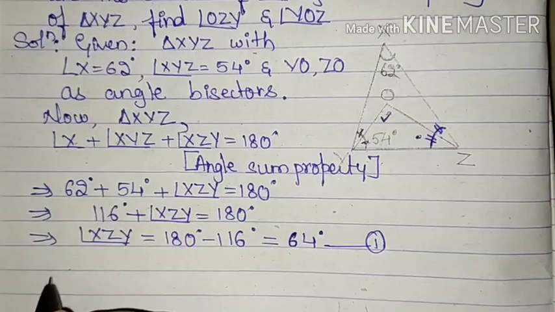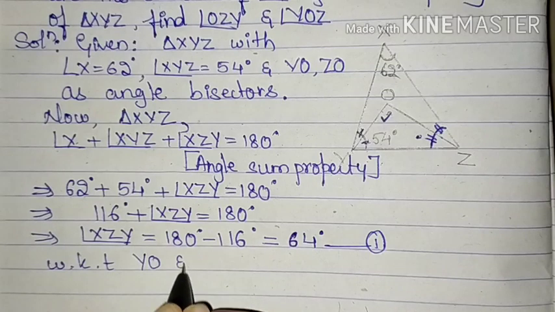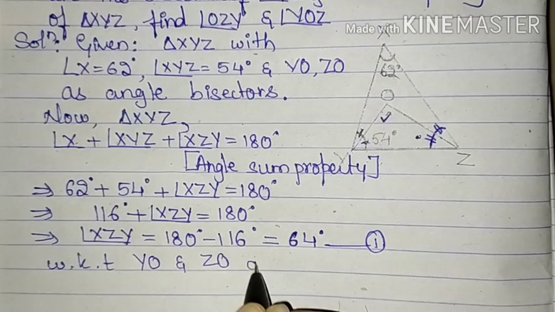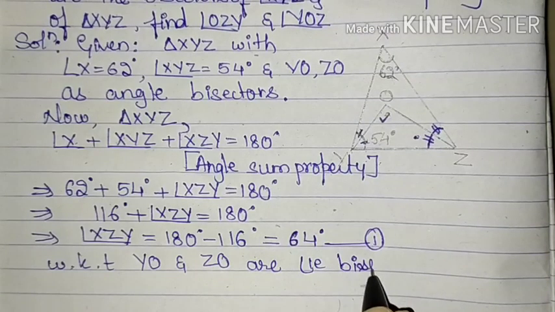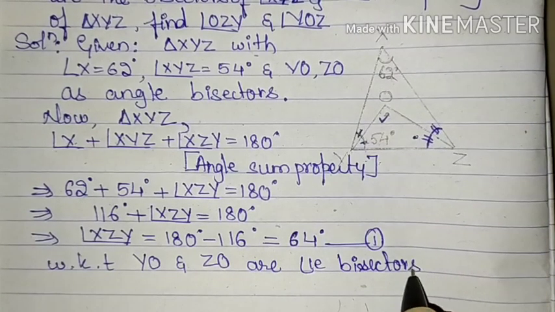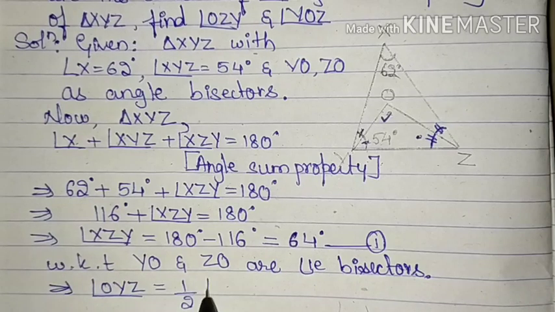Now we know that YO and ZO are angle bisectors. That means they divide the angle into two equal parts. This implies angle OYZ is equal to half of angle XYZ.